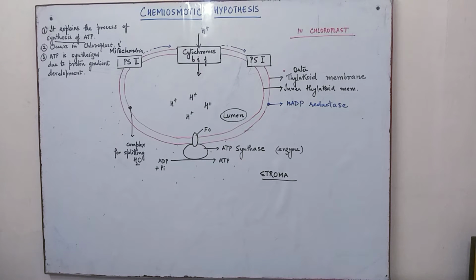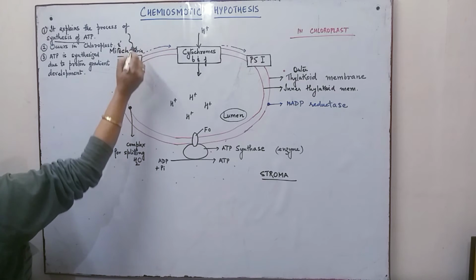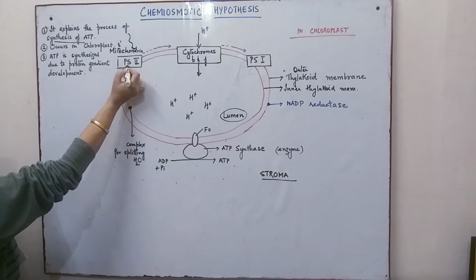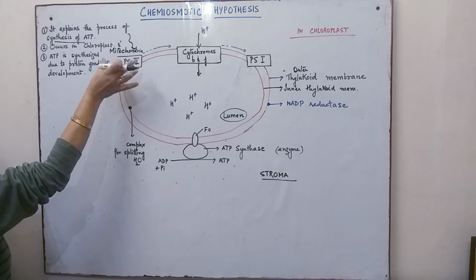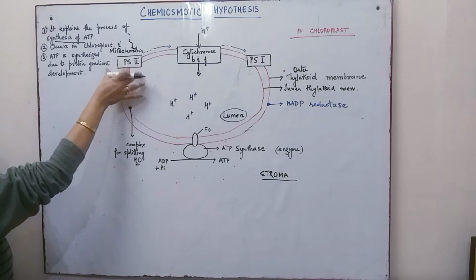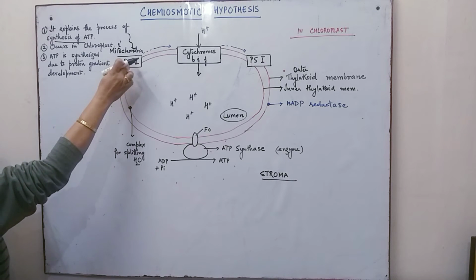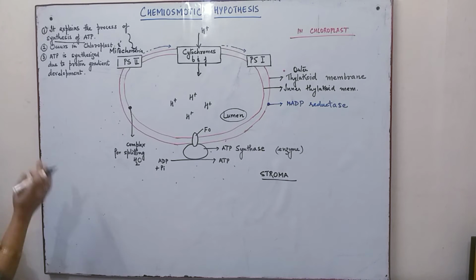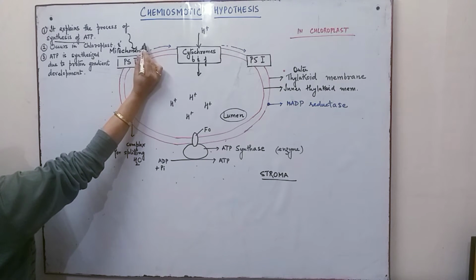Now, we are talking of non-cyclic photophosphorylation. We have studied that the light energy is taken up by photosystem 2, where it is absorbed by the necessary pigments and passed on to the reaction center, which is chlorophyll A, and then to the primary electron acceptor.